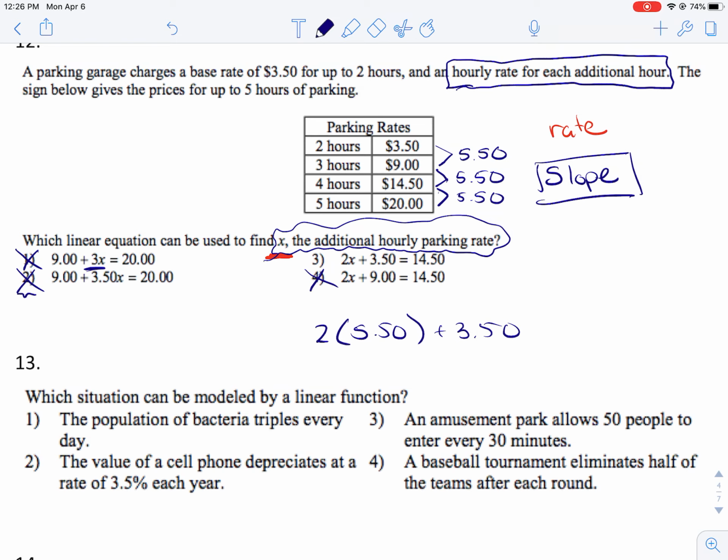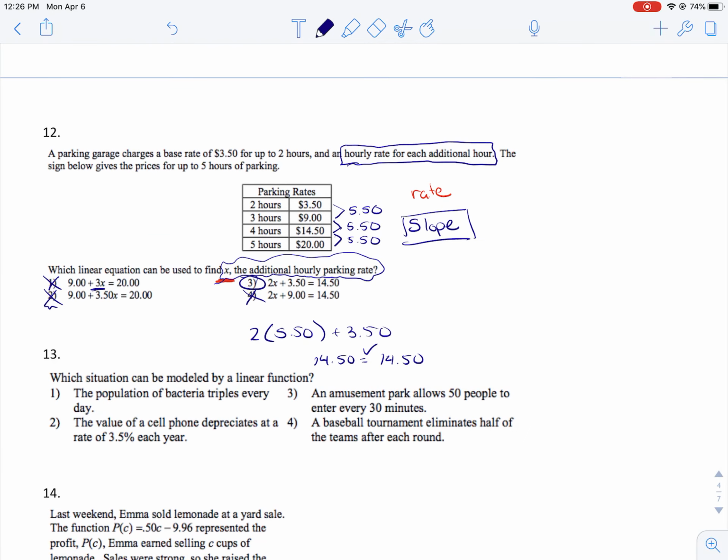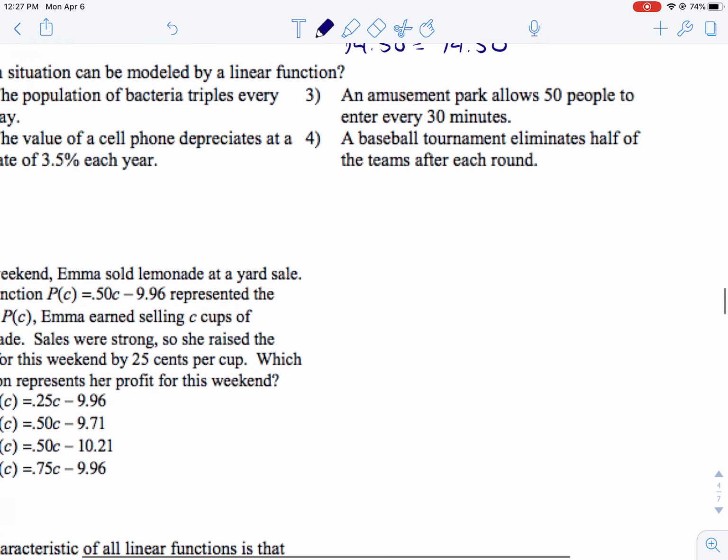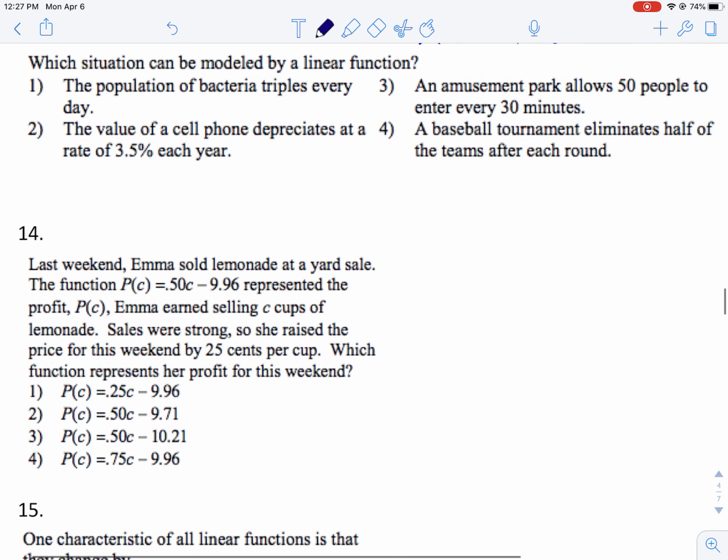But let's just verify here. 2 times $5.50 plus $3.50, you get $14.50, which is equal to $14.50, which checks out. So number 12, the correct answer is number 3.